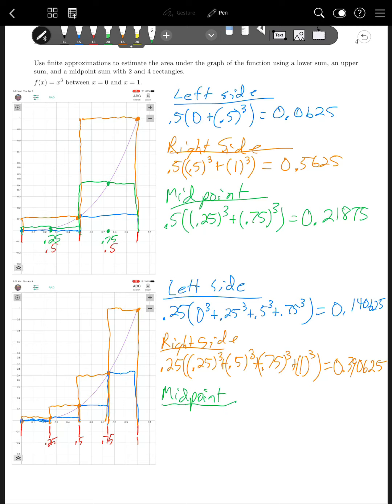So that's 0.390625. Notice how from the first example, we've increased the lower sum and decreased the upper sum. So we're narrowing in on what the actual sum would be.